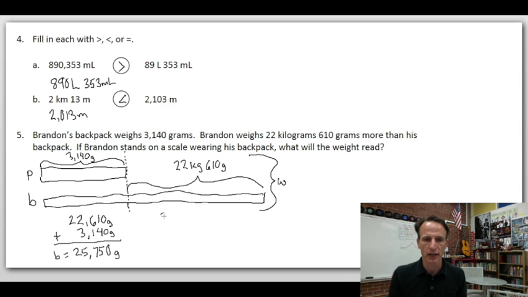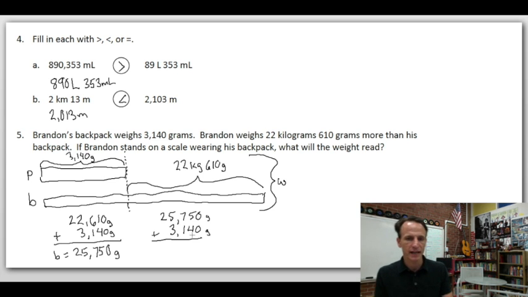So I take Brandon's weight that we just calculated, the 25,750 grams, add it to the weight of the backpack, 3,140 grams, and then I will get a total for the Brandon plus pack together. Nice easy addition they're throwing us here, huh?